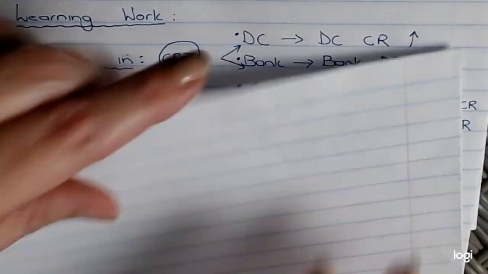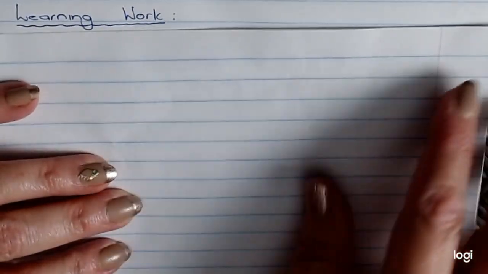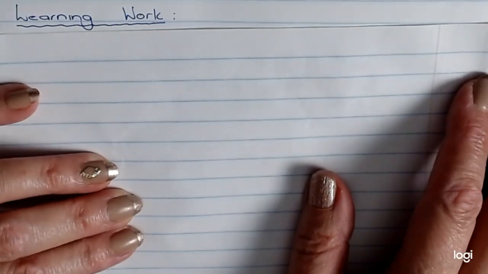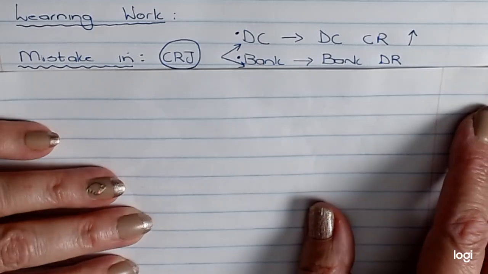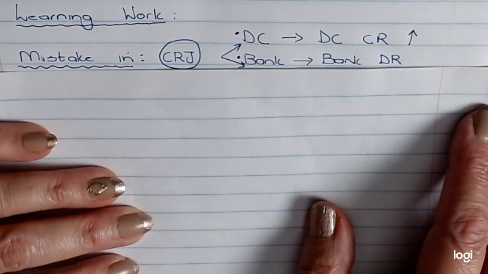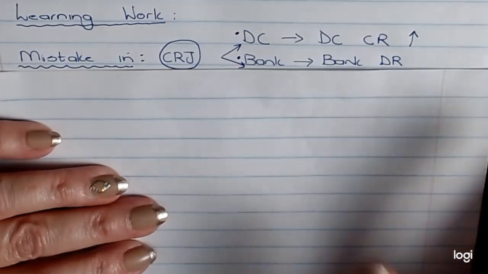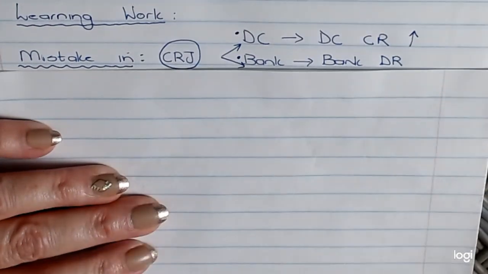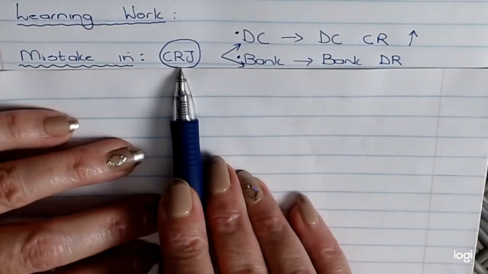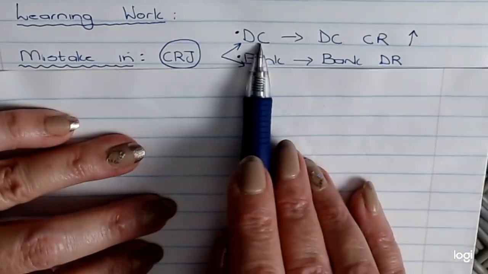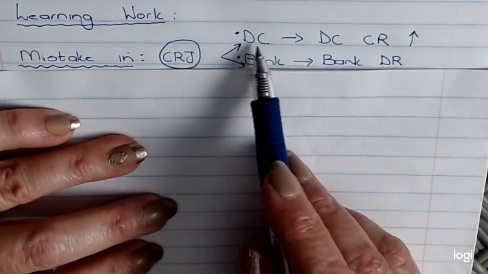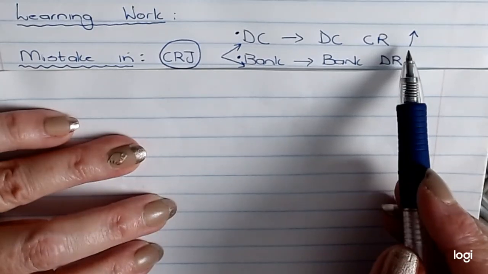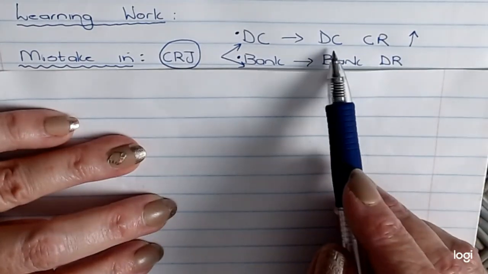Let's look at the learning work before we can attempt reconciliation. If there's a mistake in the CRJ, we need to know that. If we look at the debtors, we will have a mistake in the CRJ in the debtors control. That means when we posted debtors control, we posted it to the credit side of debtors control.